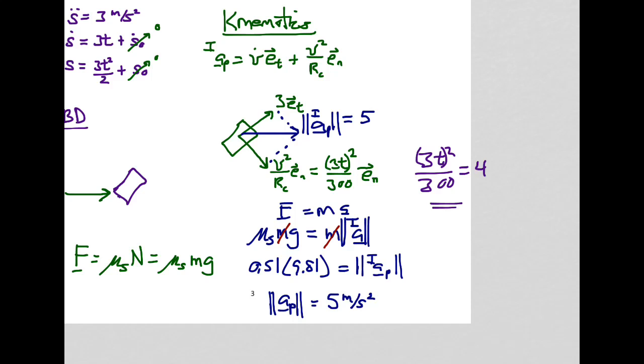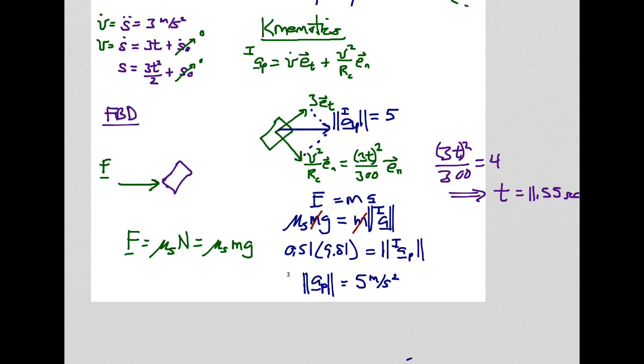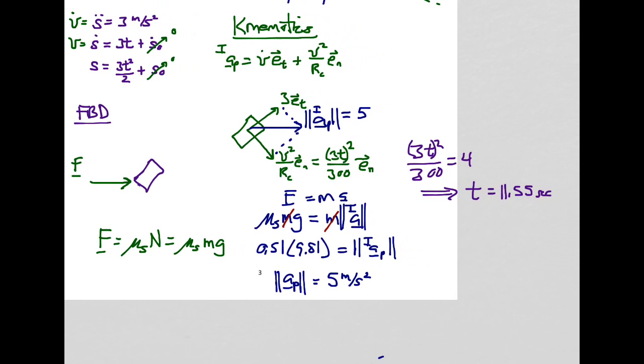And this gives us a time t that's equal to 11.55 seconds. And so we see now that our max acceleration is 5 from our static friction, from our max force that can be added there, so when we plug this through, we get that the car is going to slip at 11.55 seconds.